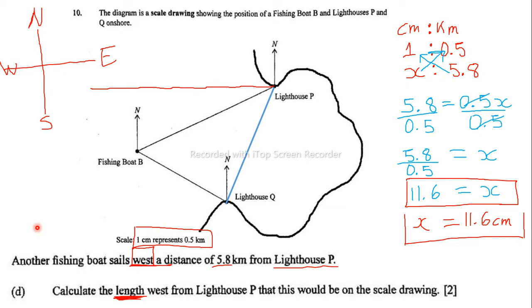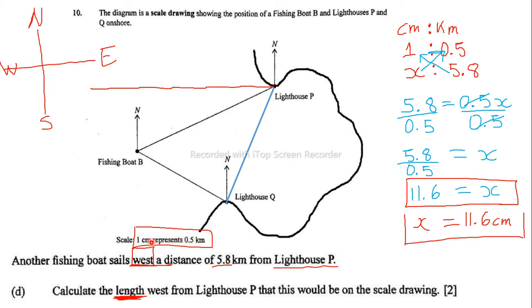Okay, no problem. All right, so this is what we call, you know, when you're doing ratios. The idea is that we know that 1 centimeter is equal to 0.5 kilometers based on this scale.